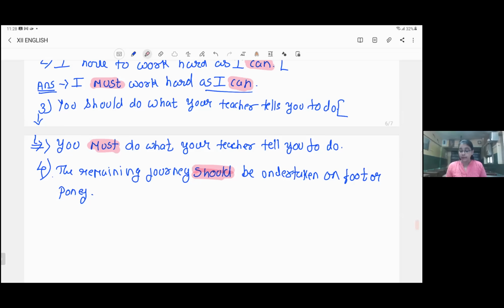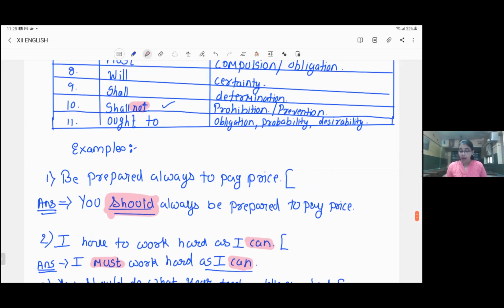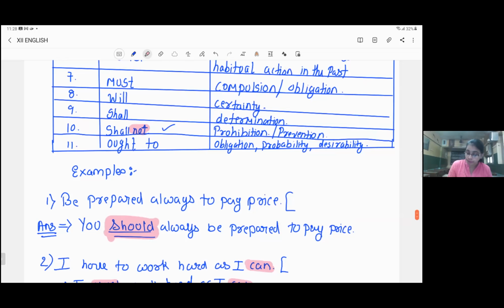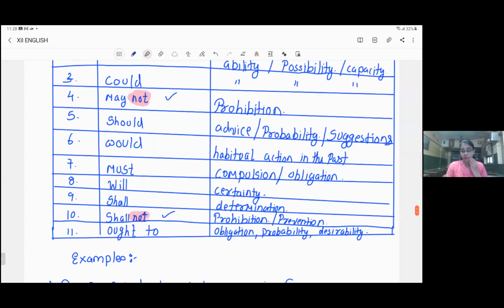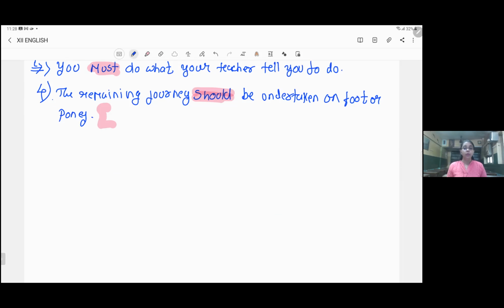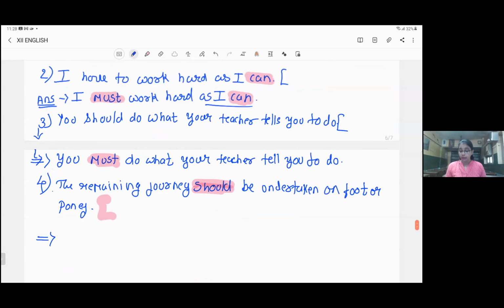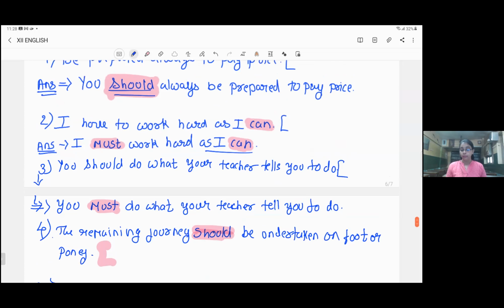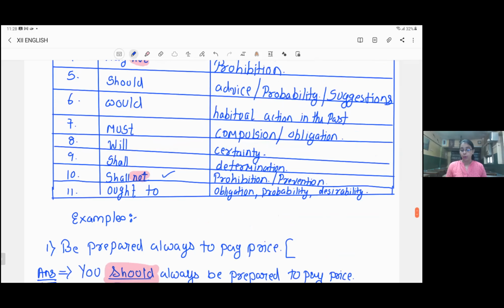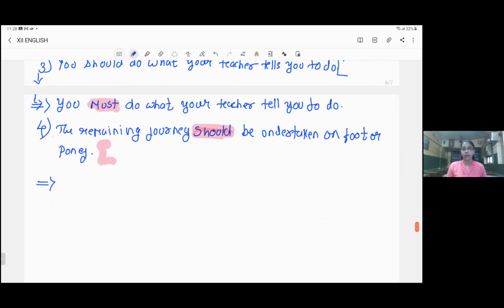And now you all are writing in bracket: rewrite the sentence using the modal auxiliary showing the ability or possibility. Just write possibility or ability.